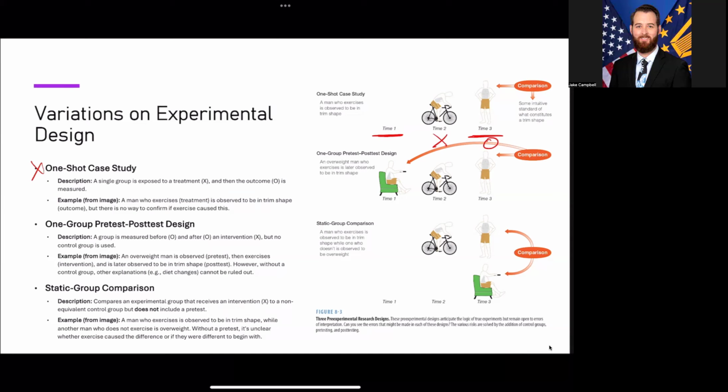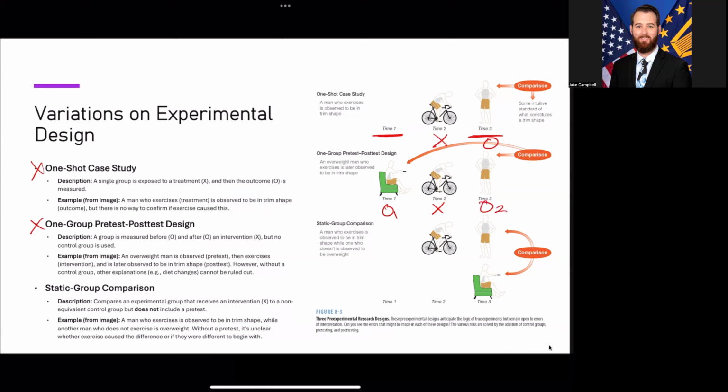We don't always know. A little bit better version is the one group pre-test, post-test design. In this scenario, we obviously don't have a control group again, right? But we may have an overweight man that is observed at point one. That same person begins to exercise and then later is observed to be in better shape.